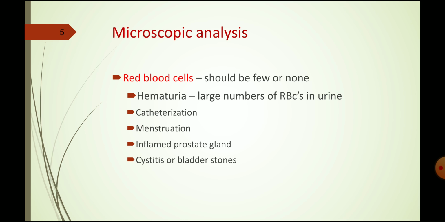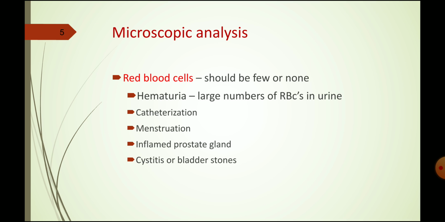Next, microscopic analysis is not very important in biochemistry, but just mention it, where the RBCs are usually very few or none in normal urine. If there are plenty of RBCs, the condition is called hematuria, and it may be due to catheterization for the passage of urine in obstructed urinary passages. During menstruation, if you examine the urine, you will get RBCs.